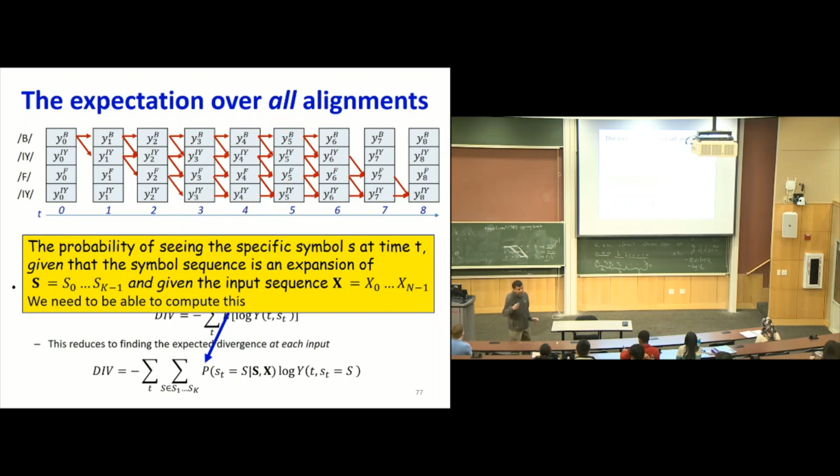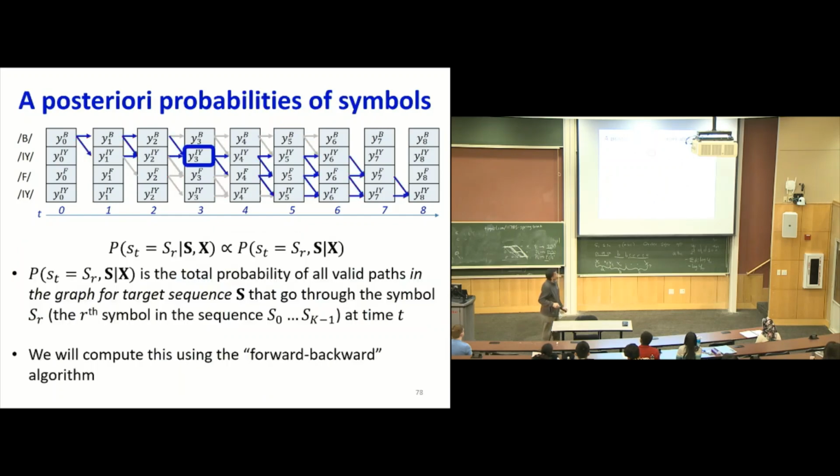That when you do the very best job of aligning this compressed symbol sequence to your input, you are going to find, for instance, that input 4 must be assigned to the phoneme B, right? That's what this probability is computing, right?